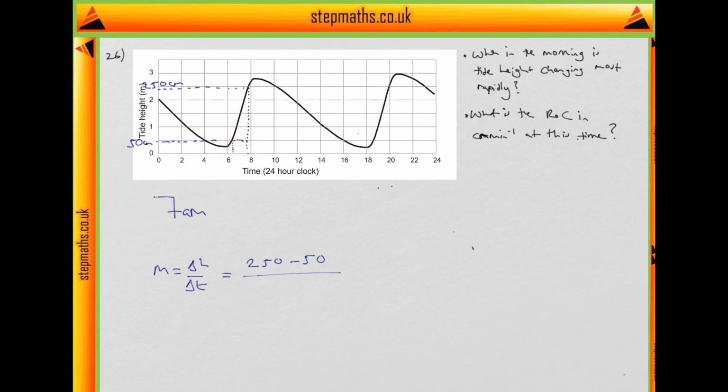Well, that's a change of, let's say, approximately an hour and a half. So an hour and a half is 90 minutes. So that's divided by 90. So that's equal to 200 over 90, which corresponds to 2.2 centimetres per minute.